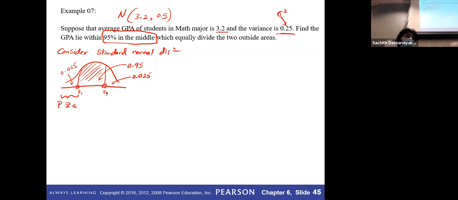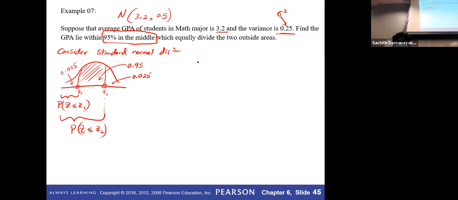My goal is to find C1 and C2. For this one, the probability of C less than or equal to C1, so that I can find C1. This area means up to this point, the probability of capital C less than or equal to C2. Now I'm using notations. Using these two, we can find C1 and C2.